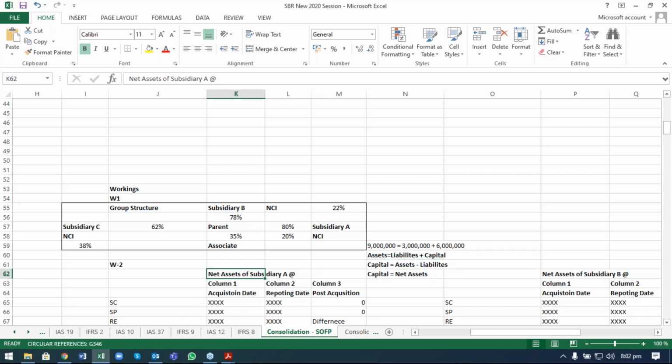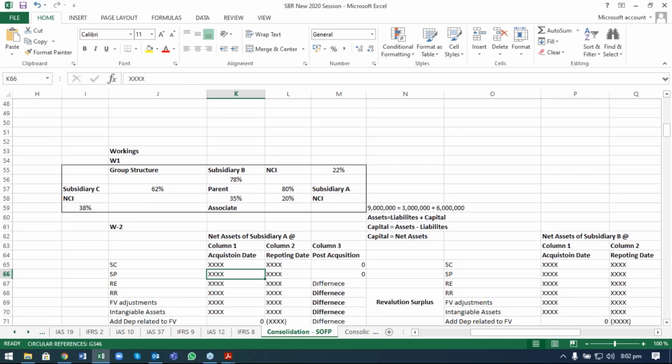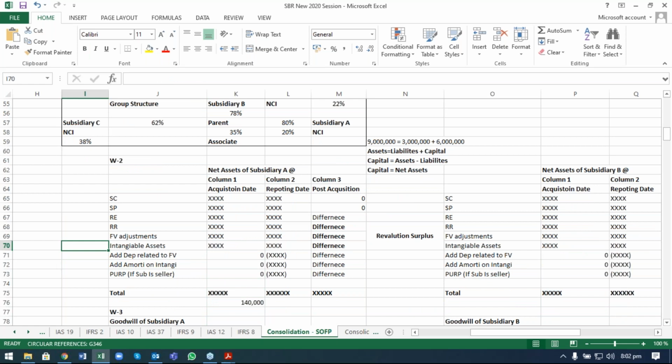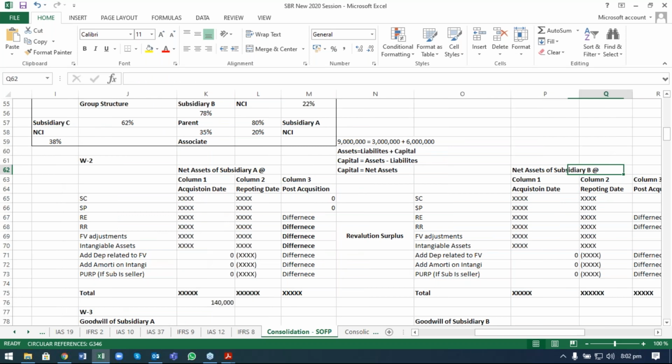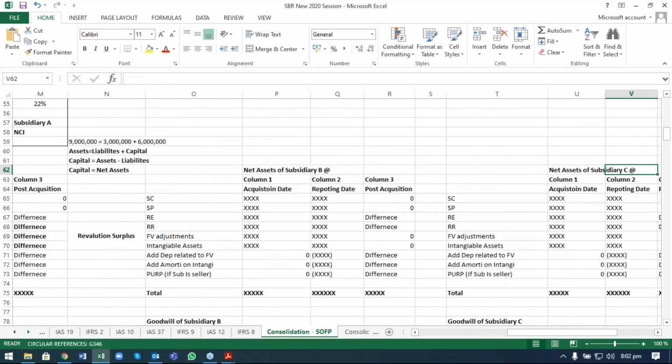So once working 2 is performed for multiple subsidiaries, it's a simple process: you need to calculate net assets of subsidiary A. In the same way, you need to make certain adjustments, those we have identified. Then you have to calculate net assets of subsidiary B, and then net assets of subsidiary C. Right? Individually, you have to calculate the net assets of all the 3 subsidiaries. So if you want to consolidate multiple subsidiaries, as this was the question asked by one of the students right now.